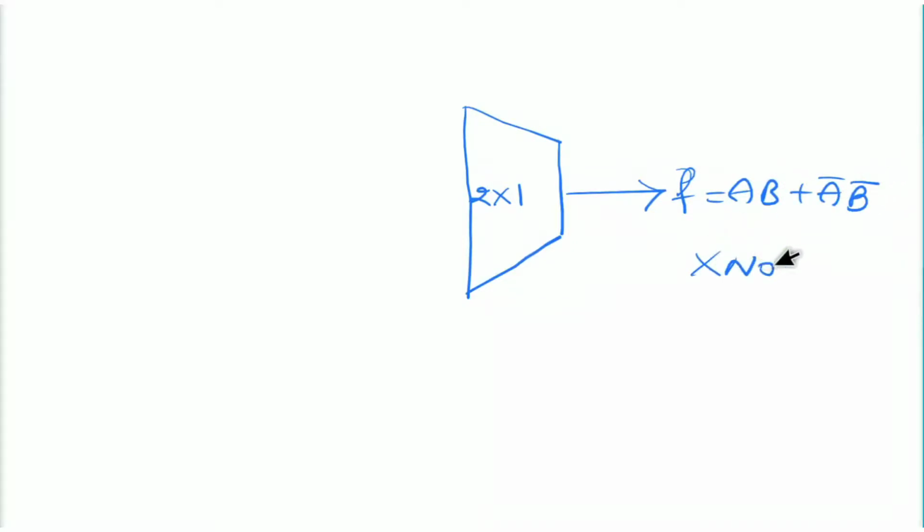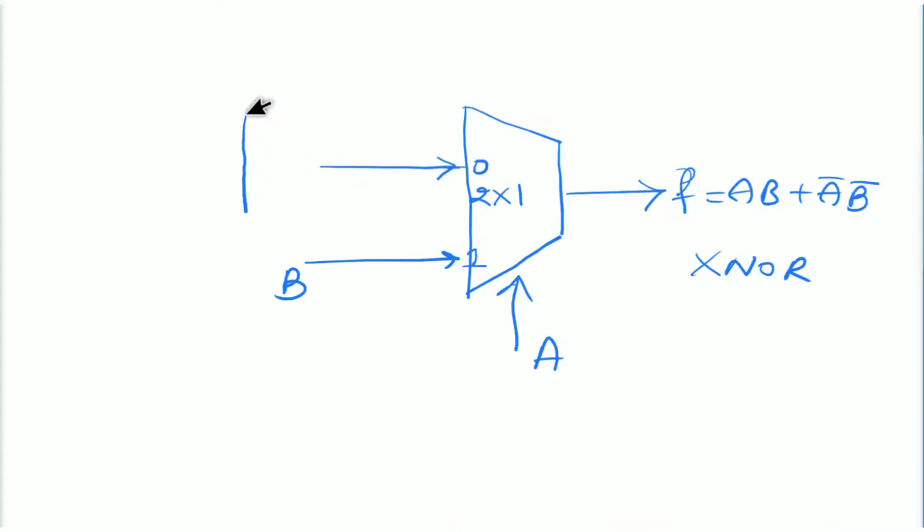I am implementing XNOR, and the selection line is A, and this is line number 1. Here you can connect B, but for line number 0 we require B bar, and that B bar can be implemented like this, again using a 2:1 mux. Whenever B is 0, the output should be 1, so you should connect 1 here. Whenever B is 1, the output should be 0, so you need to connect 0 here.